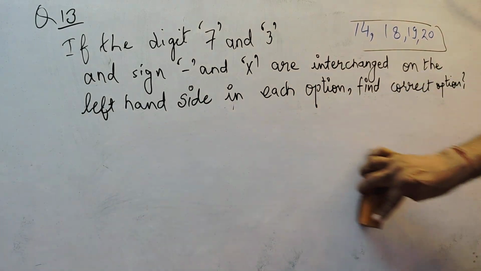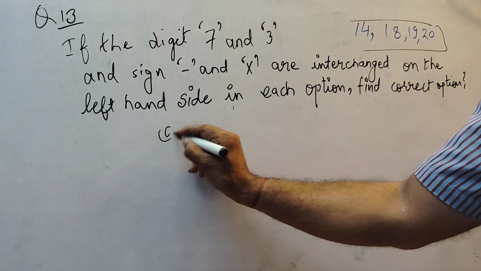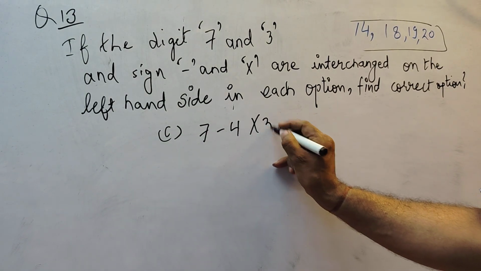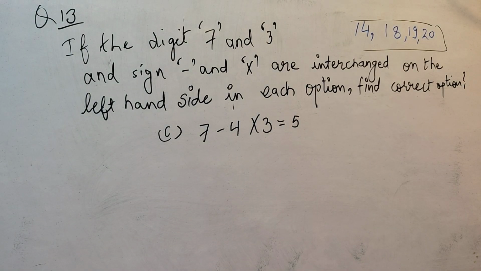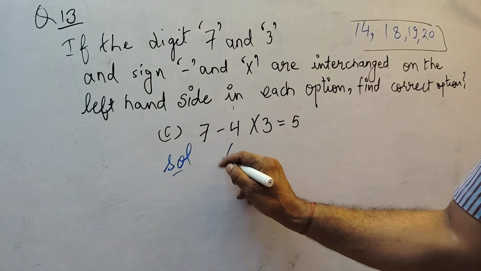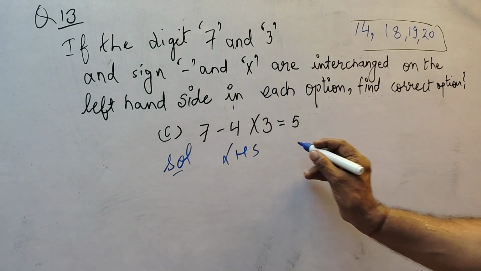Come to option C. Option C is 7 minus 4 multiply 3 equal to 5. So here again we solve the left hand side. In the left hand side, first we replace 7 and 3, as the question says.